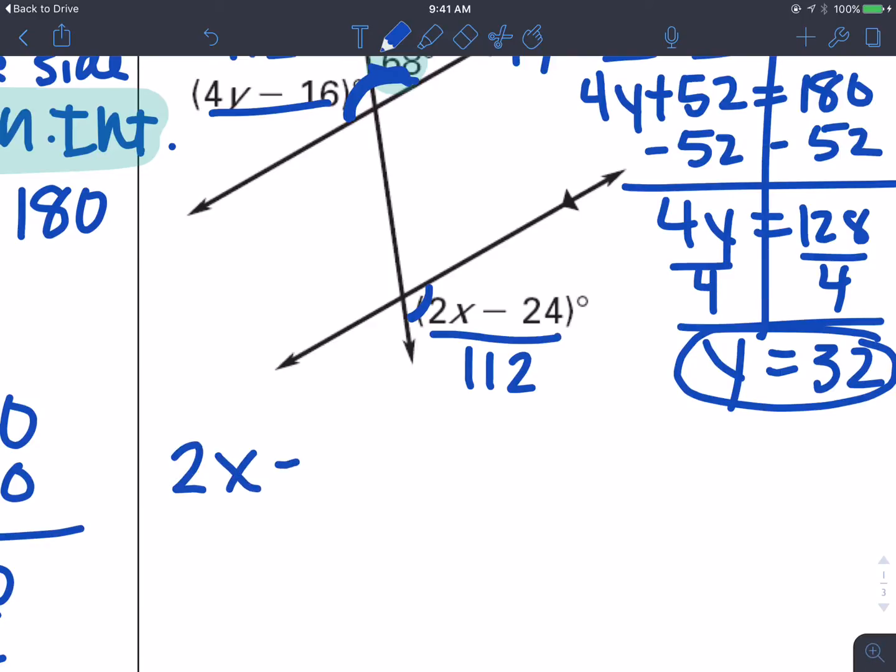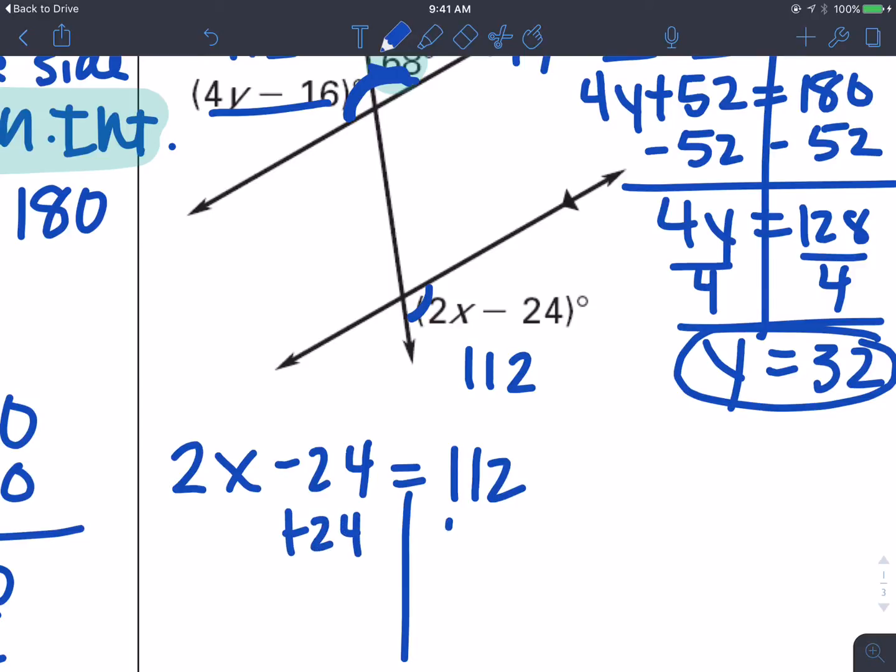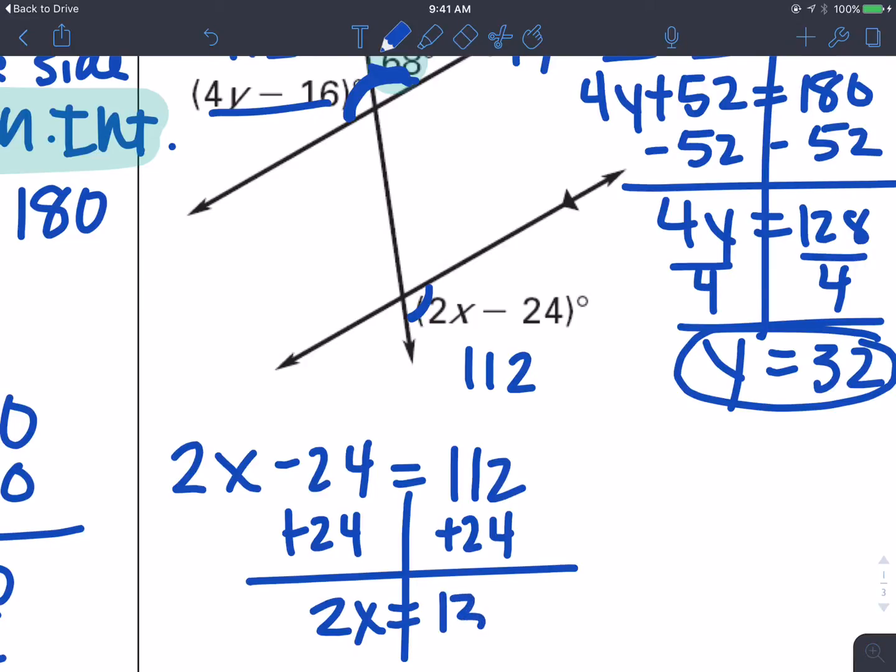So 2x minus 24 equals 112. And I'm going to get rid of that line because I don't want it to look like we're dividing. Just this whole angle is 112. So I'm going to add 24 to both sides. 2x equals 136.